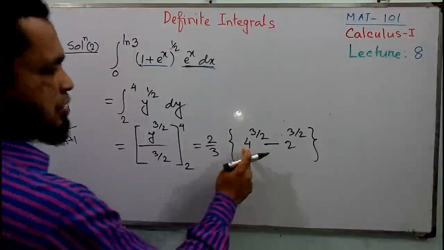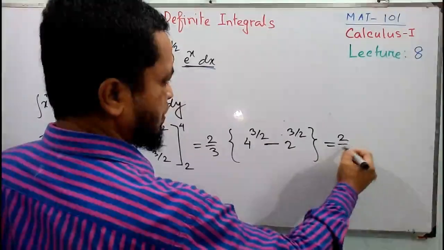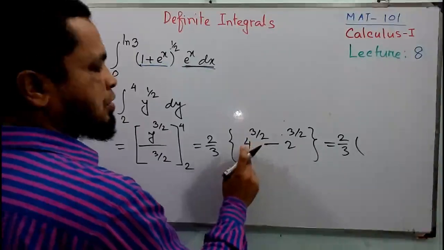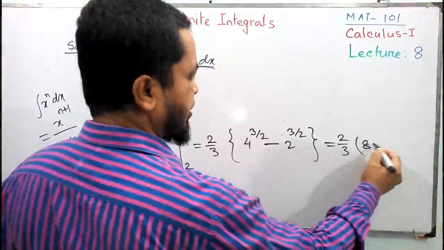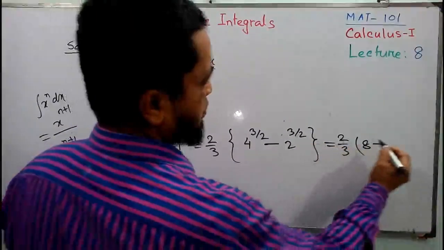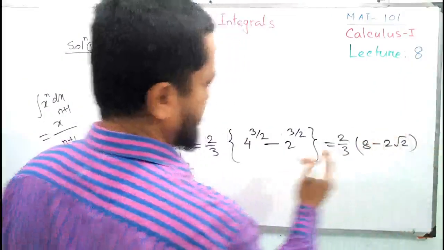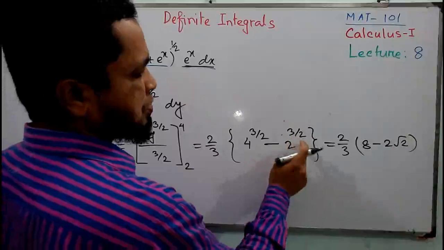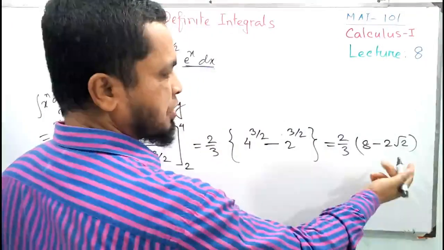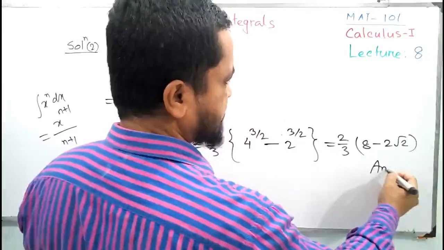What is the result? It will be 2 by 3, and 2 to the power 3 is 8, minus 2 root 2. This is 2 root 2, and you can calculate using a calculator or it is the answer.